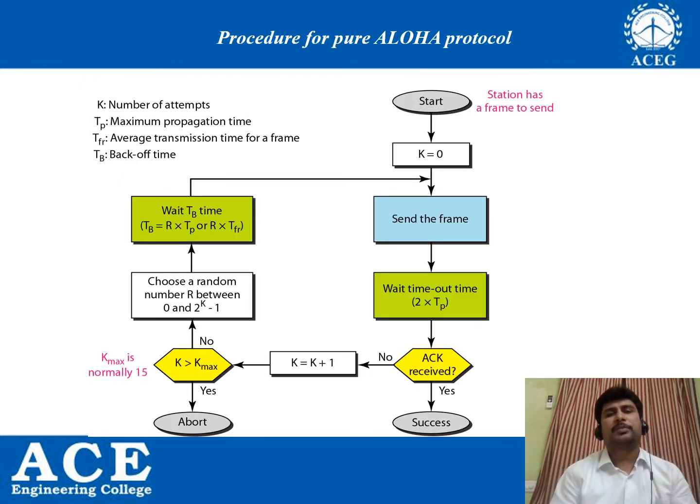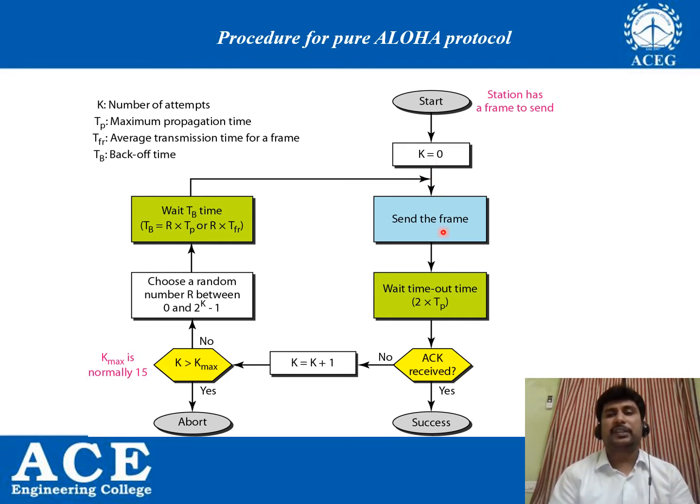Let us look at the procedure of implementation for the pure Aloha protocol. We'll start our process. The attempt number which we are making is referred to with a variable k, and since it is our first attempt, we start with k equal to 0. Whenever a device has a frame to send, it makes the first attempt, k equals 0, and sends the frame.